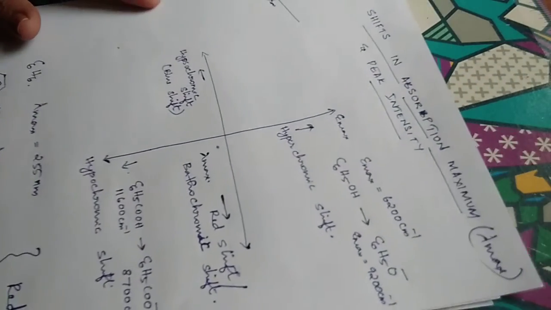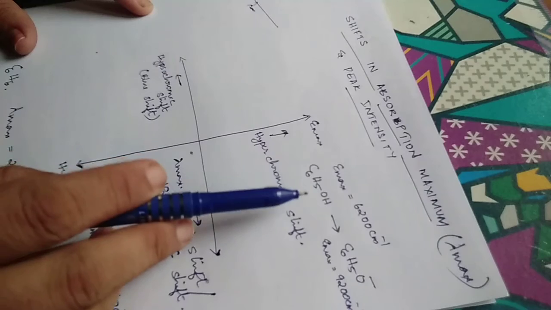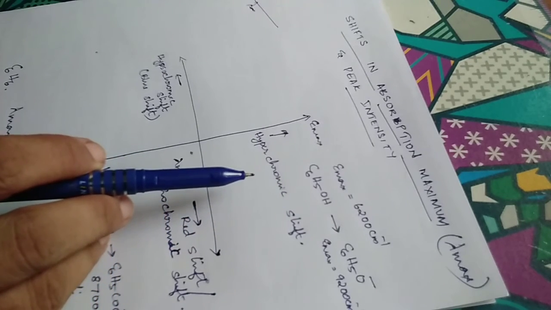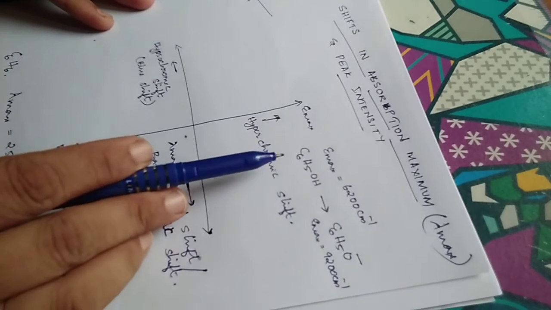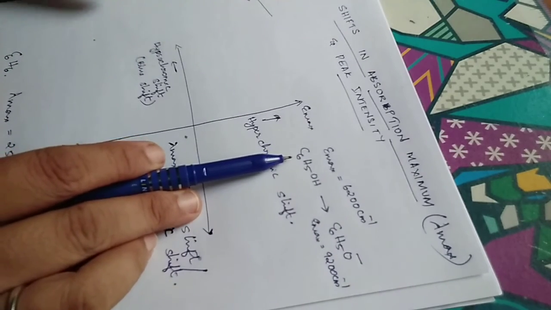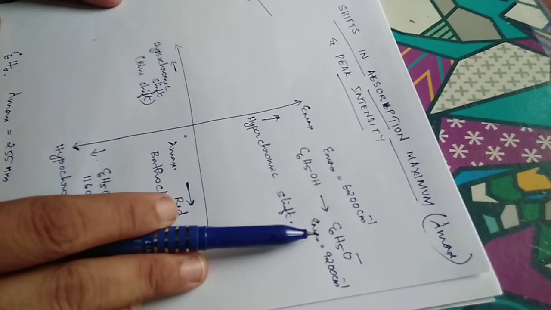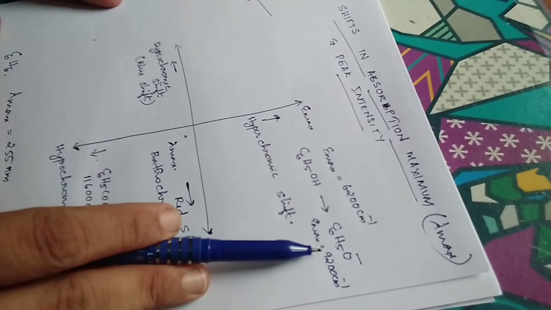In the same way, once the epsilon maximum is increasing, it is known as the hyperchromic shift. For that, we have an example: phenol is converted to phenoxide, that is C6H5OH is converted to C6H5O minus.